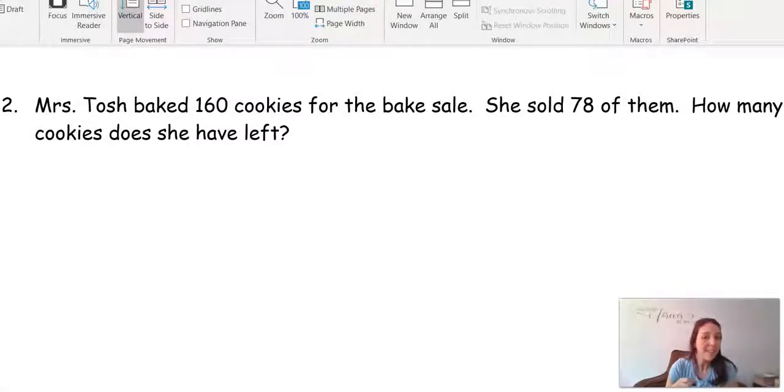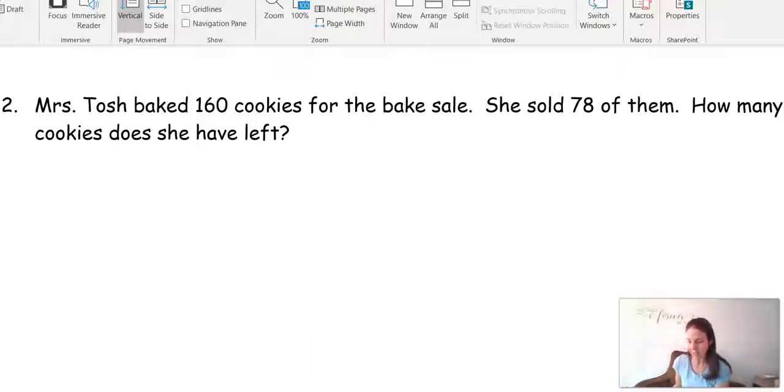She sold 78 of them. How many cookies does she have left? So this is another subtraction problem. Her total amount that she has is 160 cookies. That's the amount she's starting with. She sells 78 of them. So she's taking away 78 cookies.